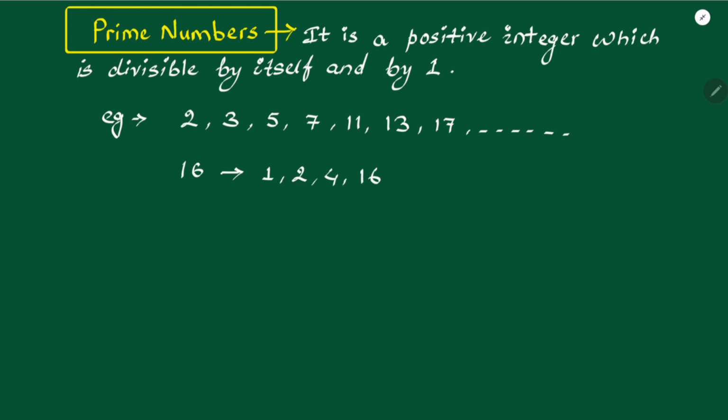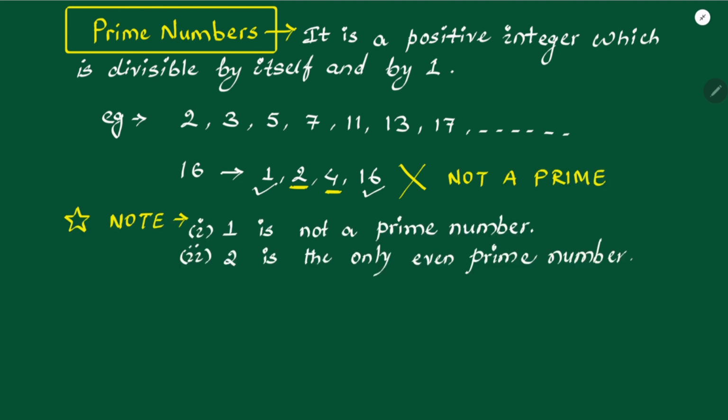So for 16 to be a prime number, it should only be divisible by itself and 1. But here we have 2 and 4. Both of these numbers divide 16 completely. So 16, by the definition of prime numbers, is not a prime number.